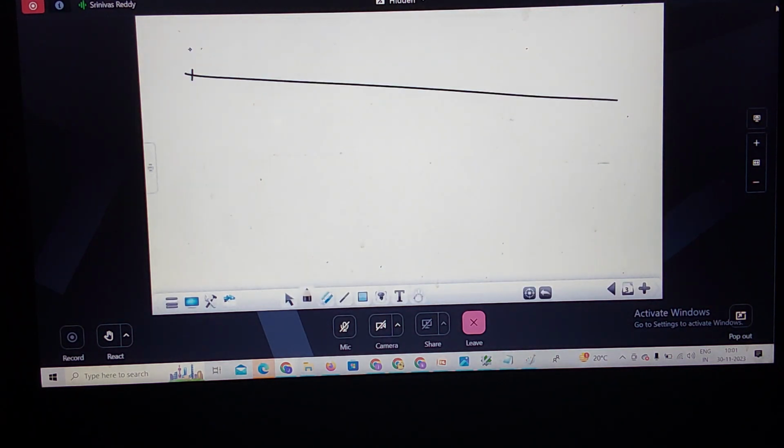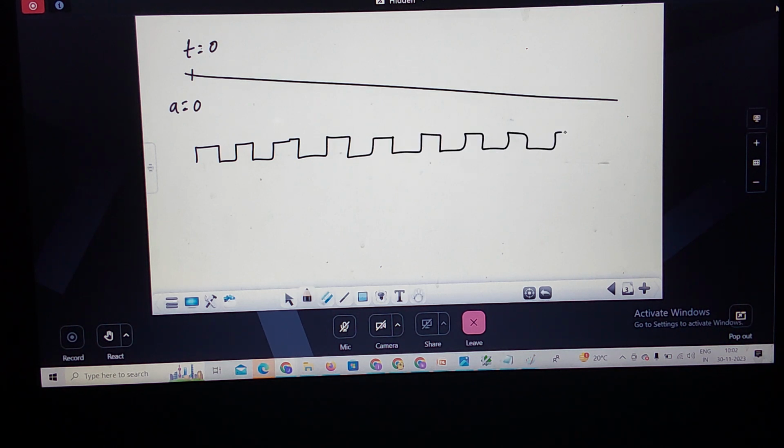At time t is equal to 0, A is equal to 0. Then next, how many clock cycles? 20 clock cycles. Correct. So this is my clock. If I am going to write the clock like this, I need to delay this by 20 positive cycles of the clock.